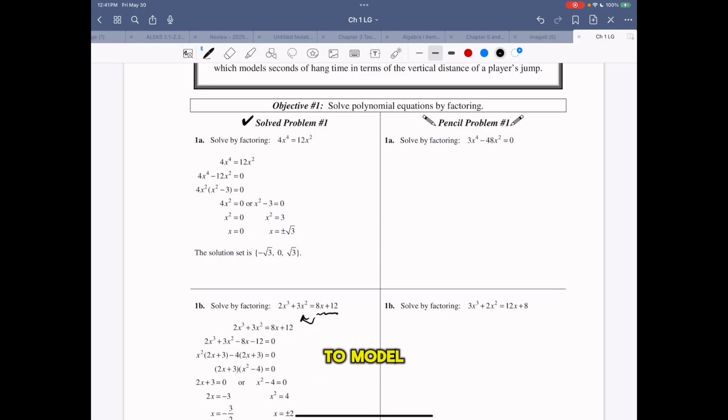So if you wanted to model what you see on the left, factoring by grouping means you need to factor out something that they have in common, and the quantities that are left need to be the same exact thing. So you've got to be mindful of that. You see that right here, it's 2x plus 3 and 2x plus 3. They have to be exactly the same.